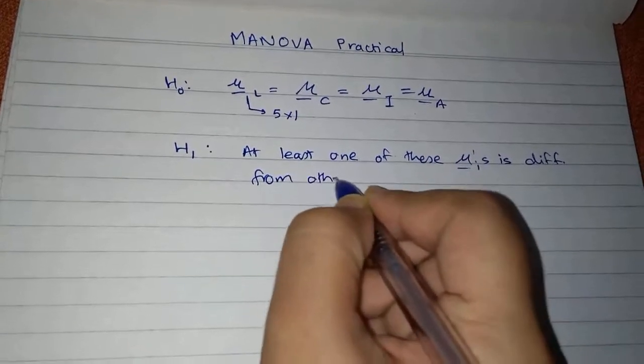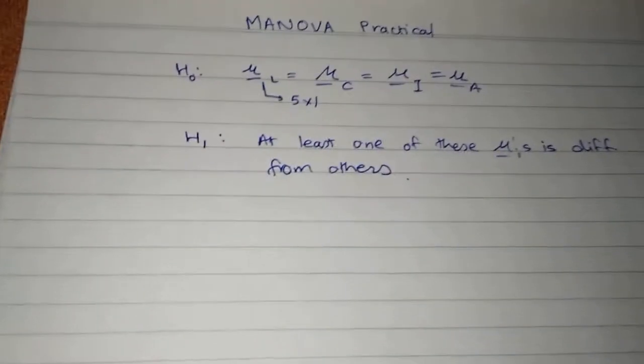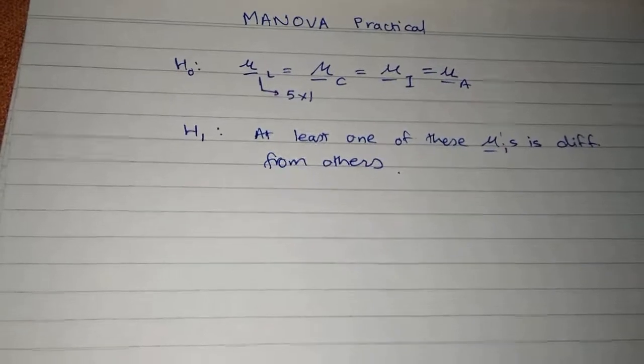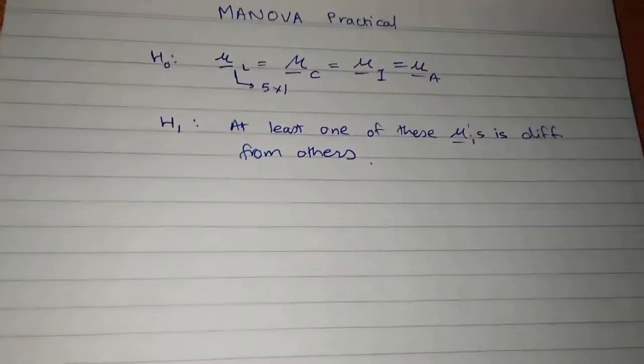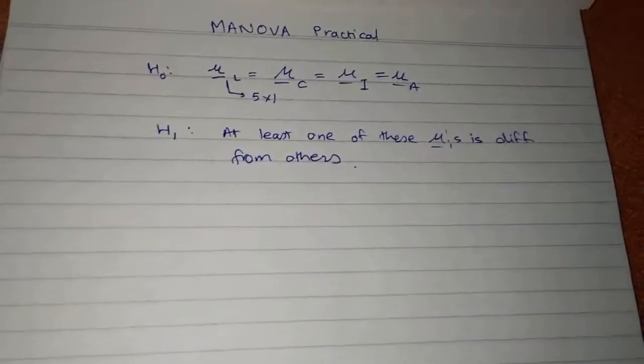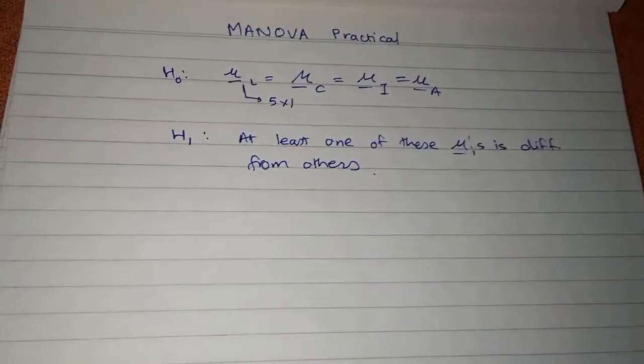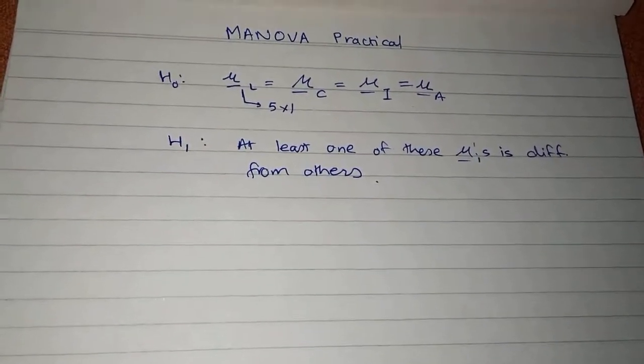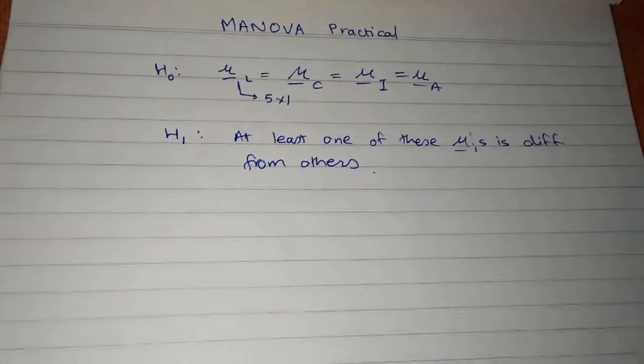In fact, when I say at least one of these vectors is different, it need not be different over all components. It may differ only for one component, that is, maybe only aluminum oxide content is different, or maybe only sodium or magnesium content is different. So this is my null and alternative hypothesis.